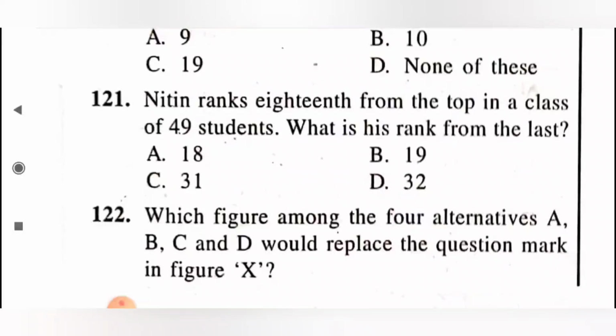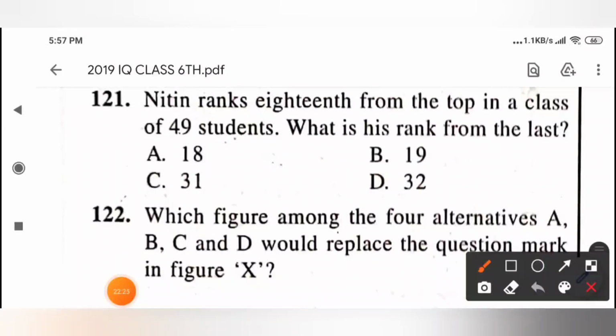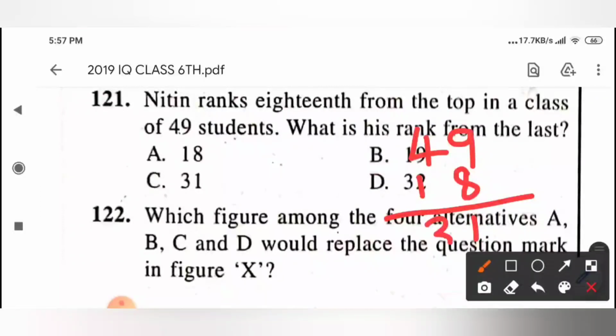121. Nitin ranks 18th from the top in a class of 49 students. What is his rank from the last? Total strength in the class is 49. Nitin ranks 18th from the top. So from top, including Nitin, 18. So 49 minus 18 is 31.